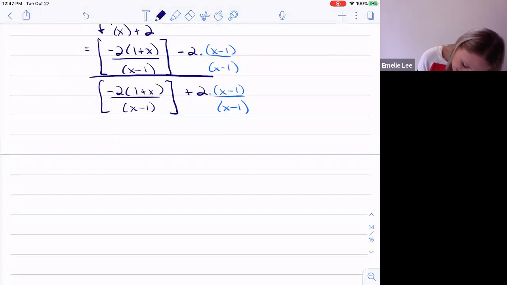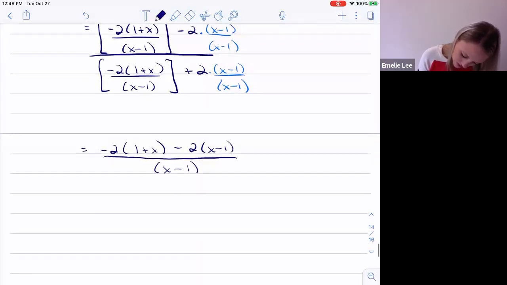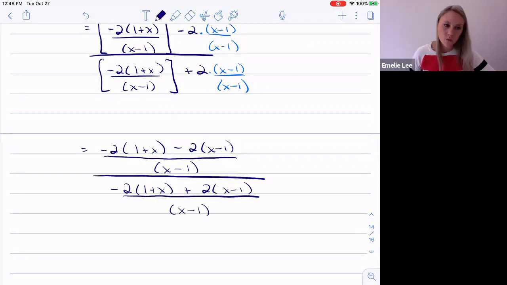And so I get negative 2 times (1 plus x) minus 2 times (x minus 1), all over that common denominator that I forced, x minus 1. Same thing in the denominator: negative 2 times (1 plus x) plus 2 times (x minus 1), all over that common denominator of x minus 1.